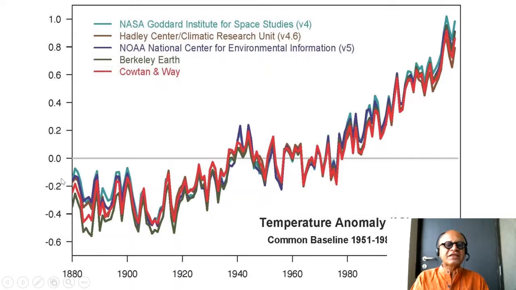And you can see that before about 1940, the global mean anomalies were below the base period. They hovered around the base period from the 1940s through about the mid 1970s, and then the warming has been fairly steady and increasing. Obviously there are ups and downs, which are the so-called natural variability that we will talk about.